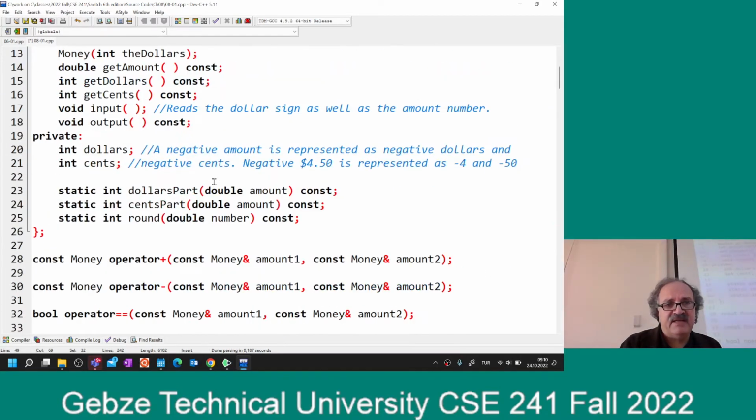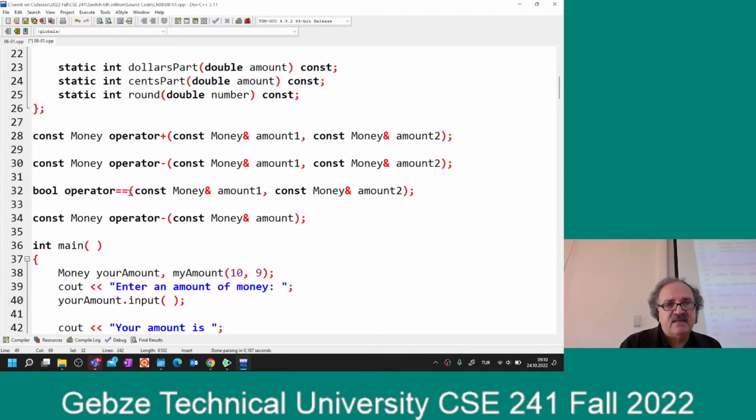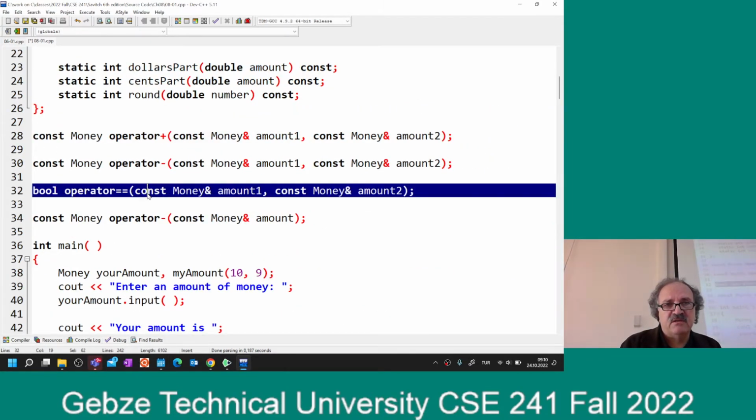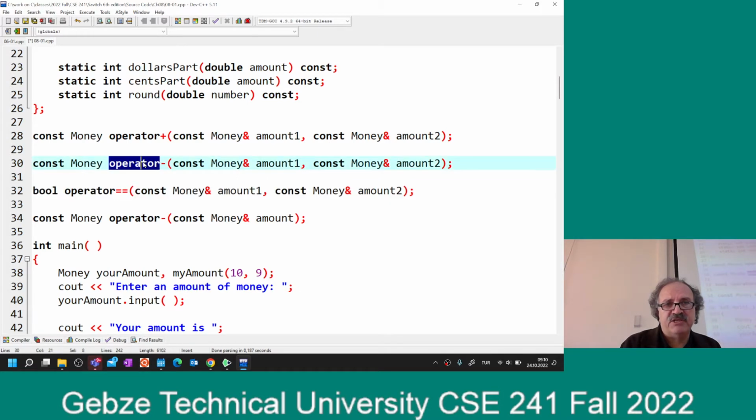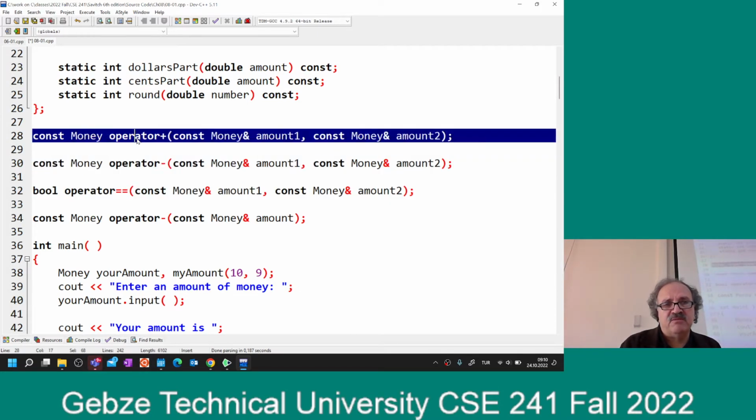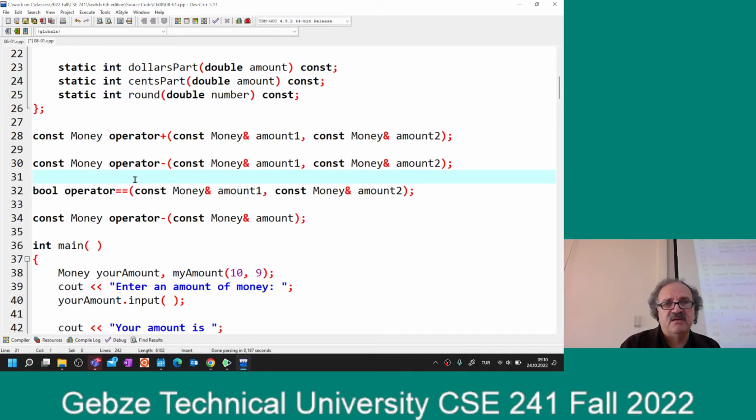In this case, we defined this global function and this global function and this global function. Remember, look at this one. It says this plus operator will take two money objects as constant references, and it will make a new money object and return it.